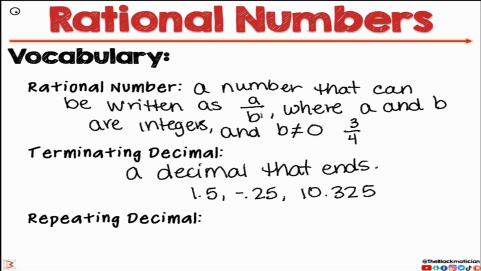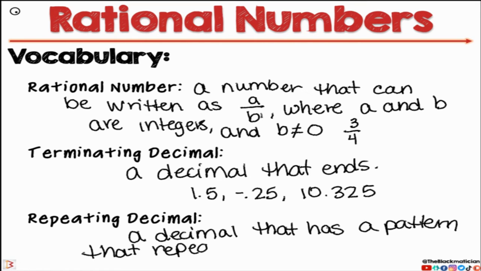A repeating decimal is a decimal that has a pattern that repeats. So examples of that would be like 1.33333333, and so on and so on. And instead of writing 1.333333, we're just going to write 1.3 with this bar above it. That bar tells us that that digit is going to repeat over and over again.